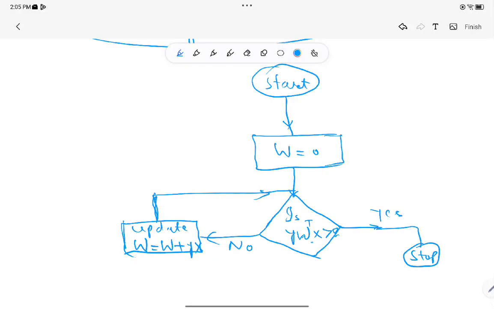After updating, again test it. If you find that this condition is not satisfied, then it goes back to this. Again, it goes on till a w is created that satisfies this, that proves that this is correct. That w will be the correct w, and then you will stop. Yes, and then stop. That is it.